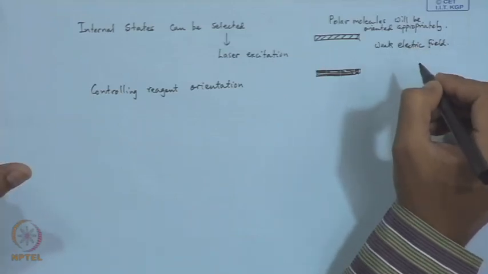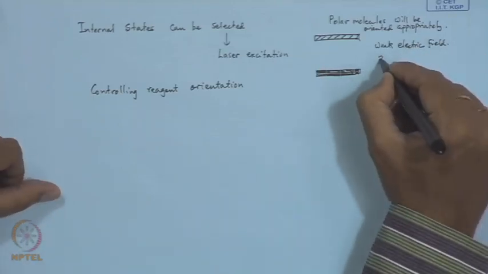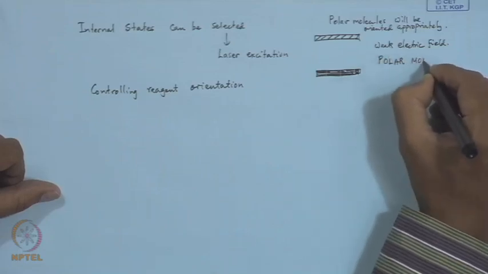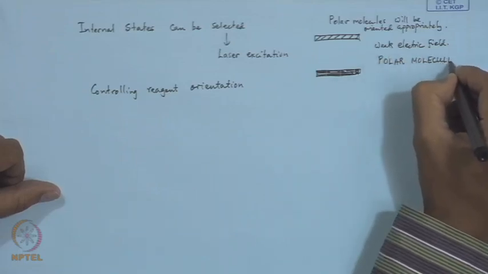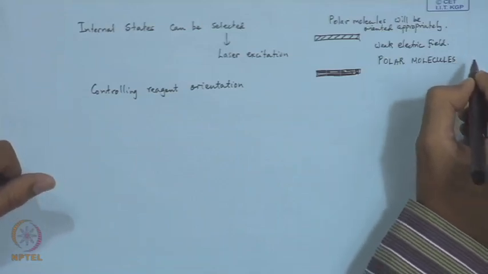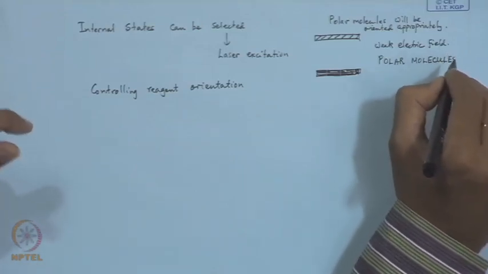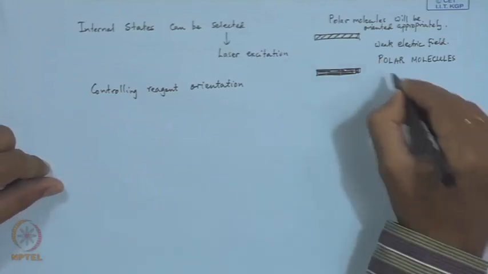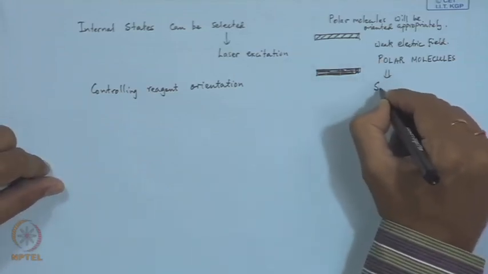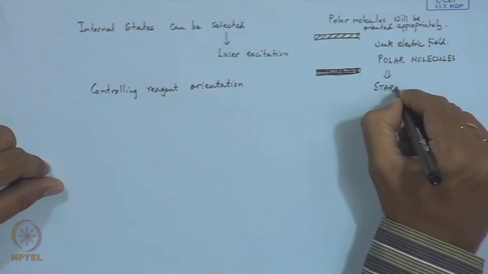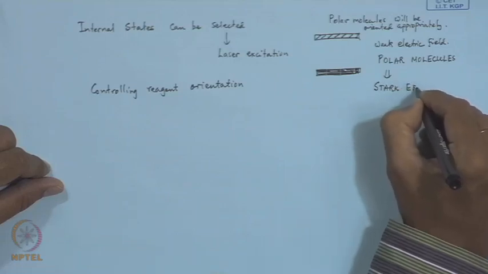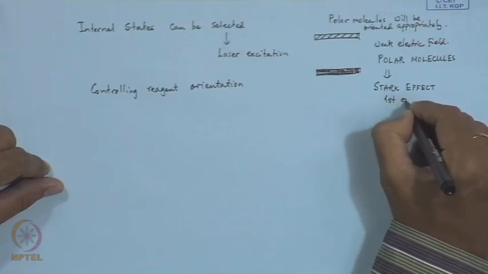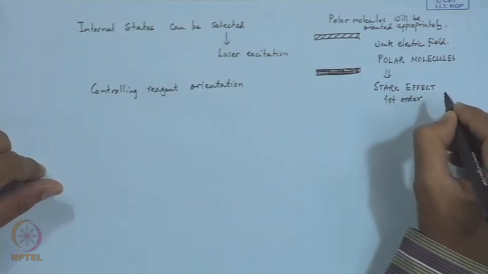The important point is that this is for polar molecules, and this orientation is because of the Stark effect, the first order Stark effect.